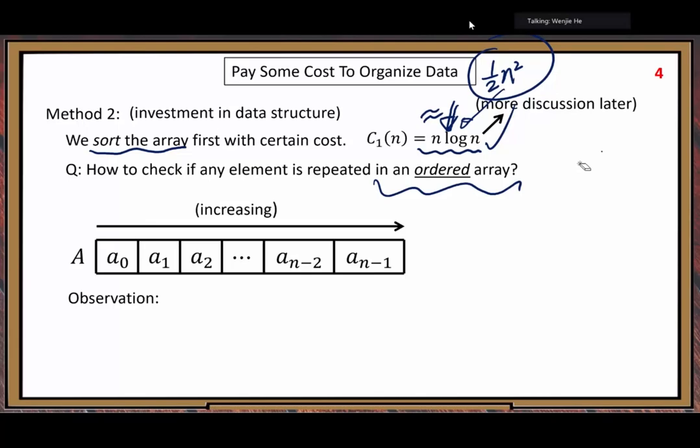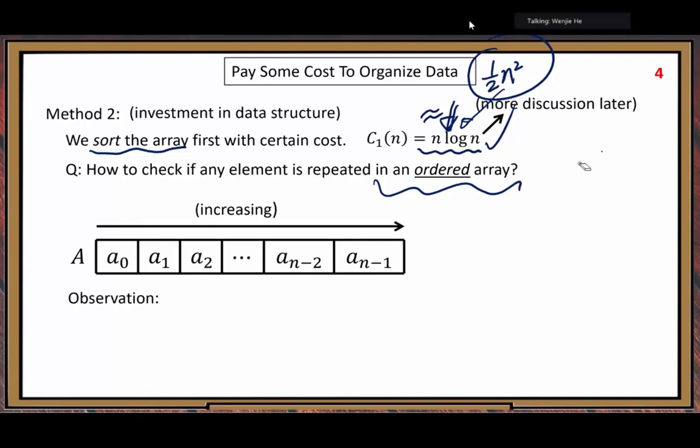Our second method, before we do uniqueness checking, the problem is checking if the elements in the given array are unique or not.